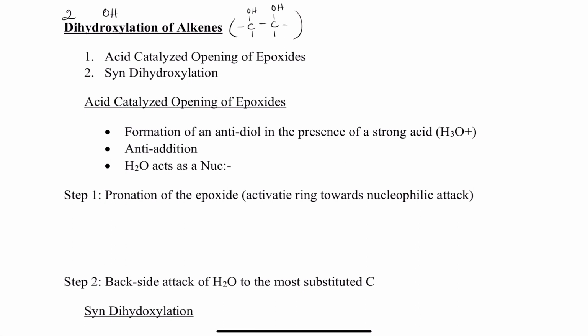So the first step is, once we have our epoxide, whoopsies. We have to protonate it because our oxygen, it's in a neutral state. So it kind of favors being in that position. It's really not willing to swing open unless we protonate it, again, using the hydronium ion.